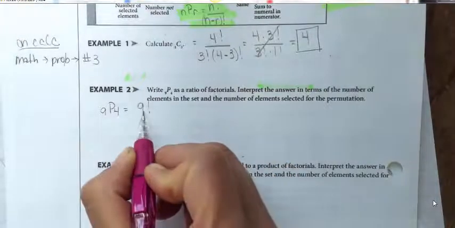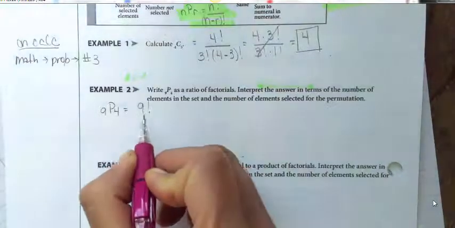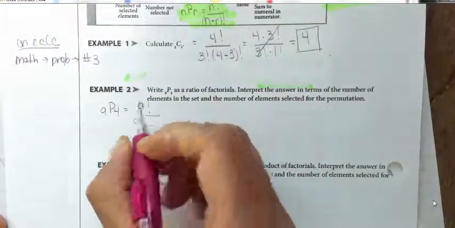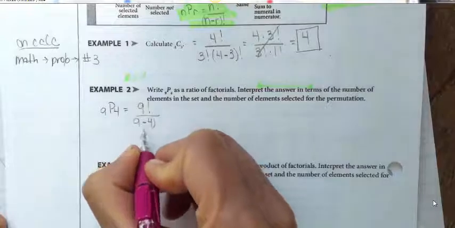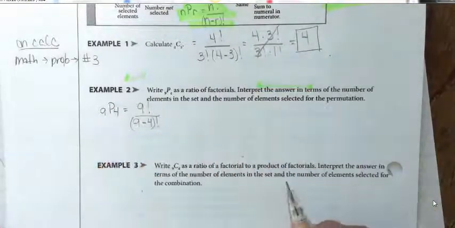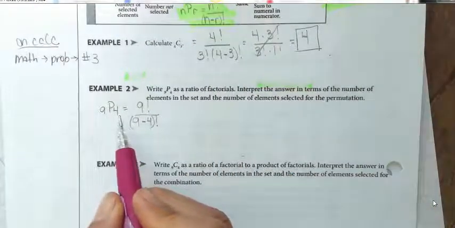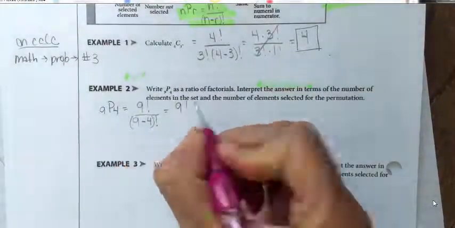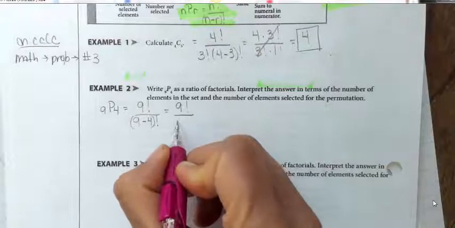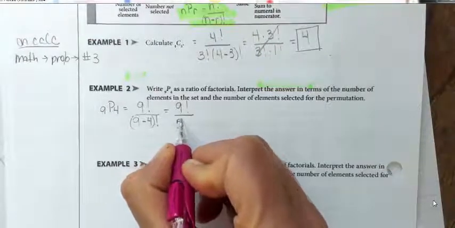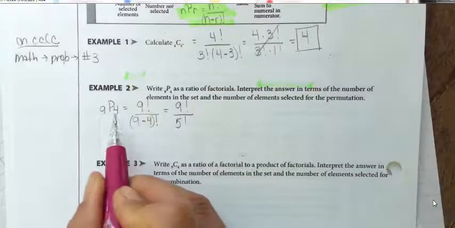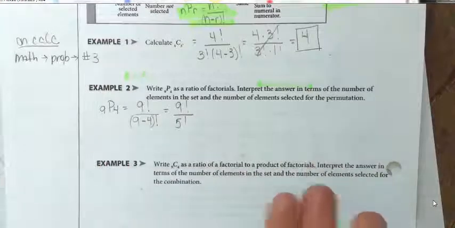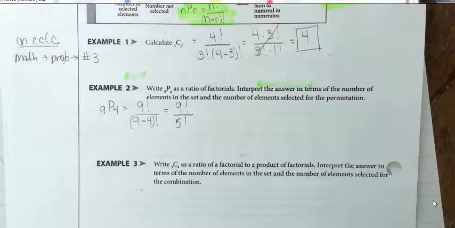So I have 9 elements in my set, and then I'm going to subtract those, because 9 is the number of elements that are in my set, and then 5 are the elements that, because I'm choosing 4, so it's 5 of those elements that I don't really care about selecting, right?